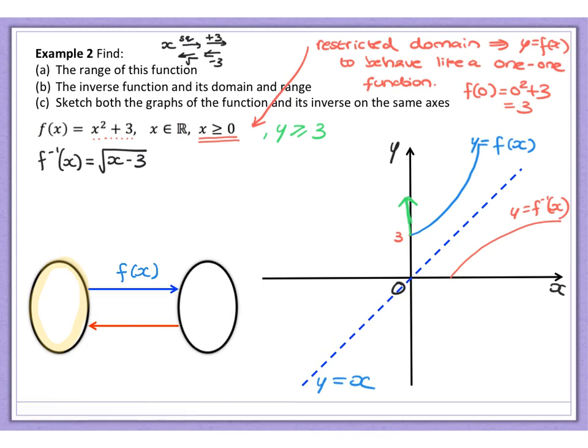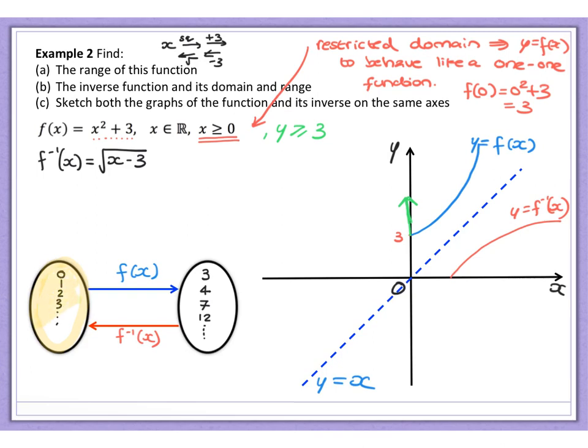We apply this to values 0, 1, 2, 3. Again, I'm just writing in the integers here for simplicity. And this results in values of 3, 4, 7, 12, and so on. The inverse function then acts on these values and takes us back to the original domain.